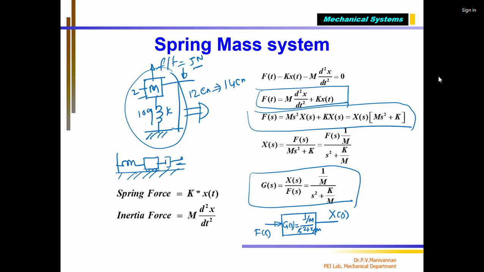That means it is supported, and we are applying force horizontally. So the mass remains as it is because it is already supported. The gravitational force has no effect, because it is already supported on the table top, and the mass is put on your wheels. So if you apply a force, it can move this way only. Force is going to act only left or right, compressive or tensile.